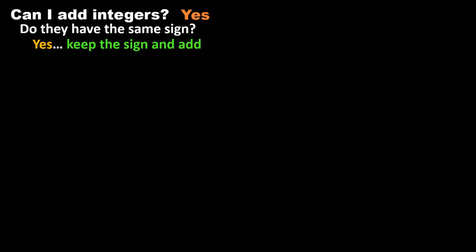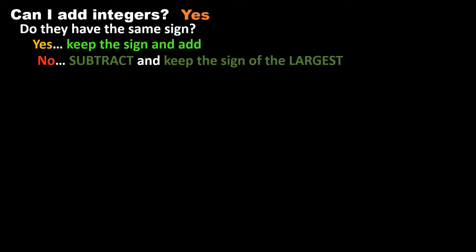If that answer is yes, I'm simply going to keep the sign and add the numbers together. If it's two positives, my answer is going to be positive, and I add them together. If it's two negatives, I'm going to keep the negative for my answer and still add the numbers together. However, if the answer is no, I have one positive and one negative, then I'm going to keep the sign of the largest one after I subtract.